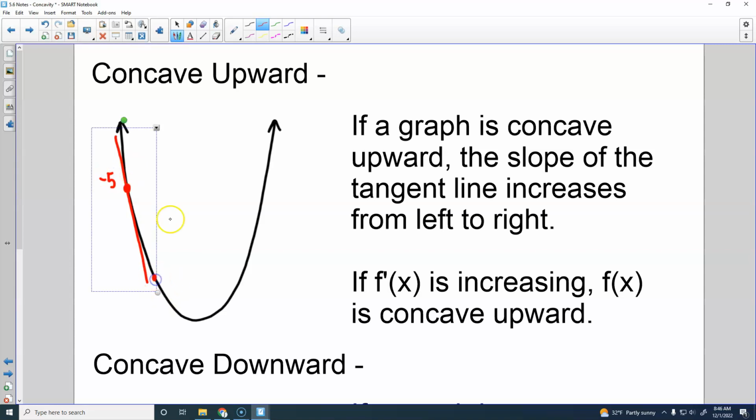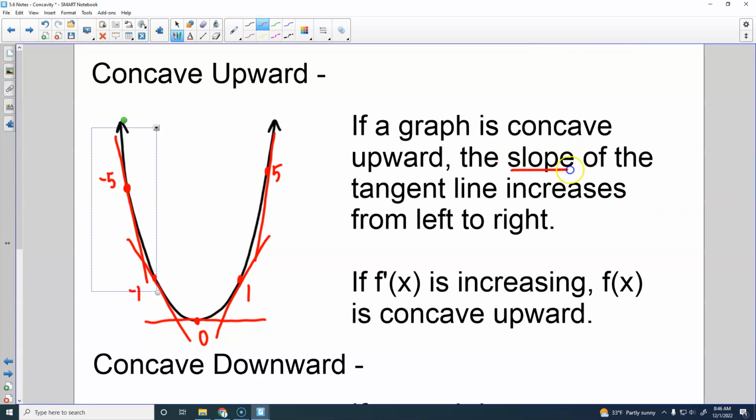Right here, it's not as negative. Maybe that's -1. Right here, you would have a tangent line of 0. Over here, now you're going to switch to a positive slope, maybe 1. Up here, you've got a really steep tangent line, maybe 5, right? So if the graph is concave upward, the slope of the tangent line increases.